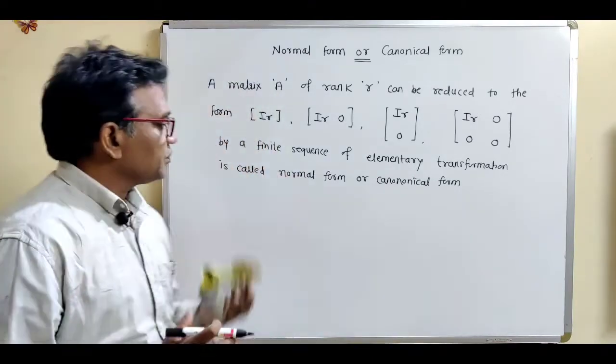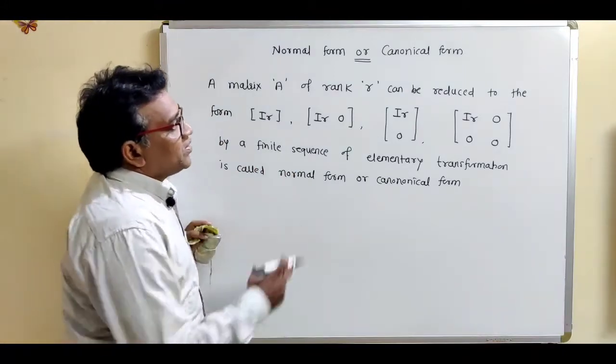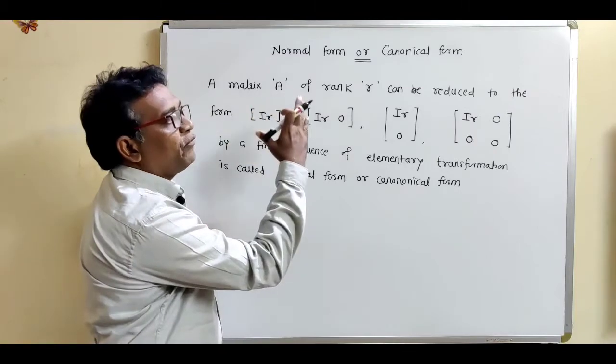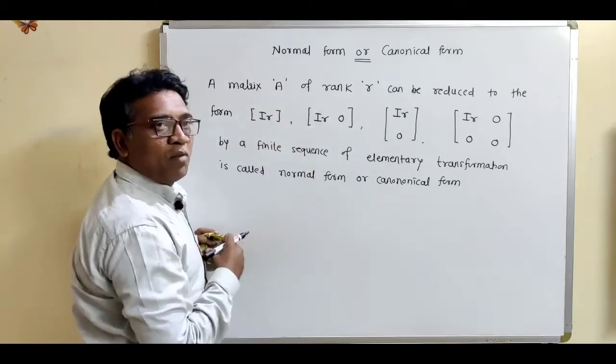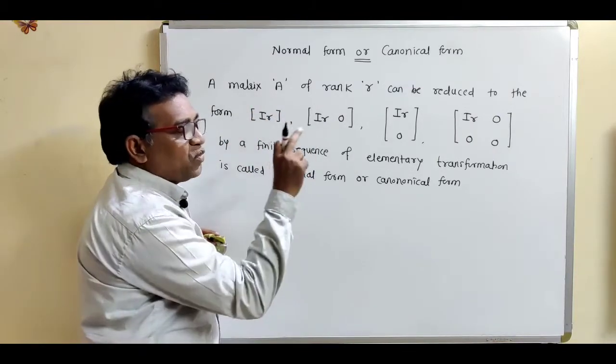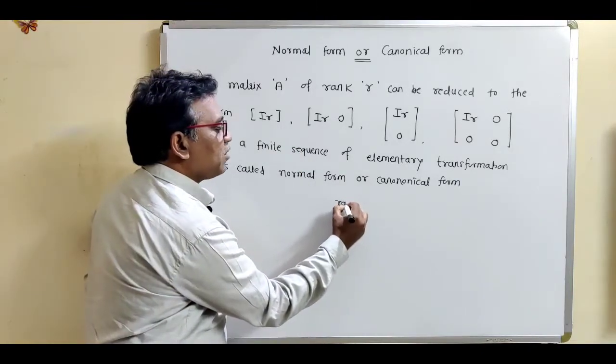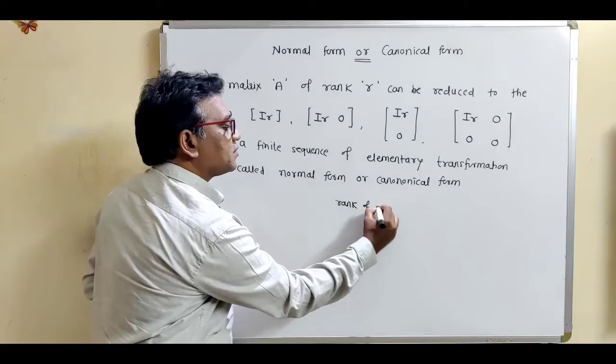Now see, this is the next method, called the normal form or canonical form. By using this method, we can also find the rank of the matrix.